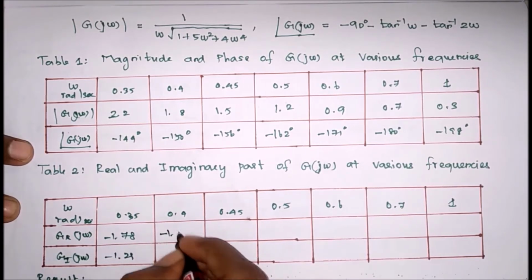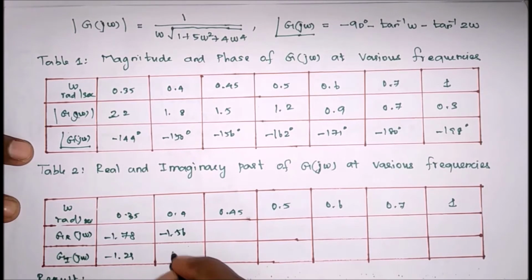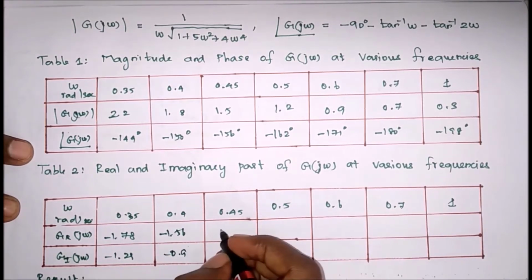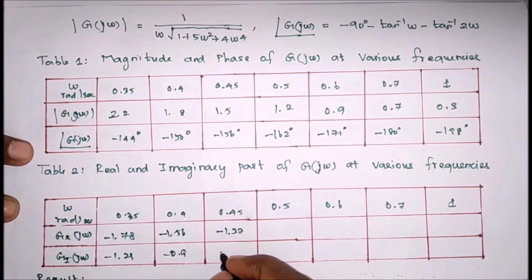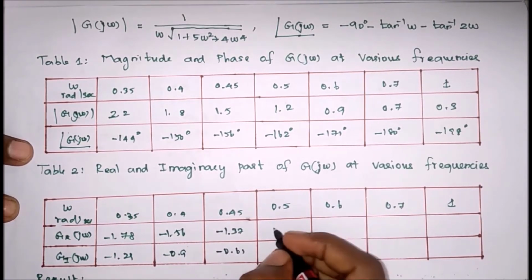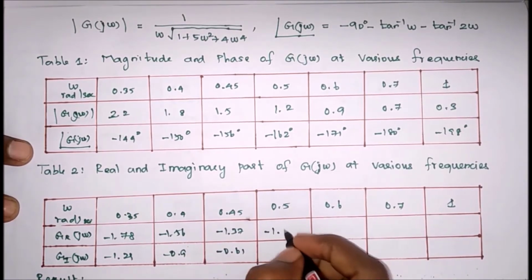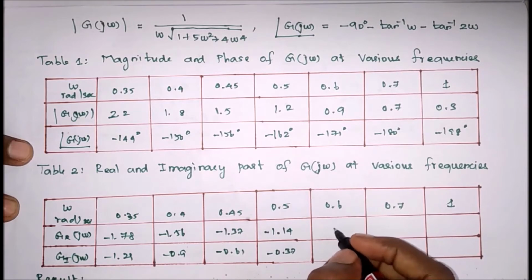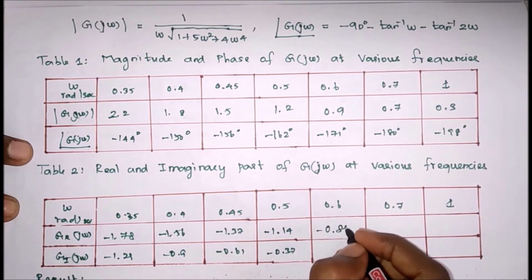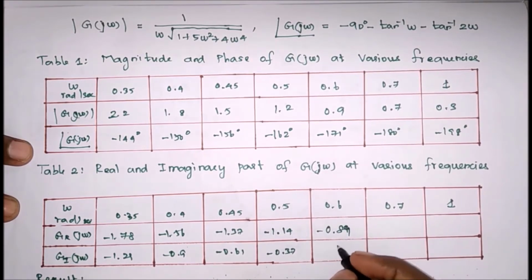For this, the real value is minus 1.56, imaginary value is minus 0.9. For this, real value is minus 1.37, imaginary value is minus 0.61. For this, real value is minus 1.14, imaginary value is minus 3.7. For 0.6, real value equal to minus 8.9, imaginary equal to minus 1.4.